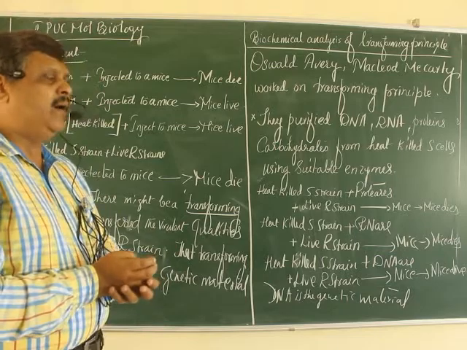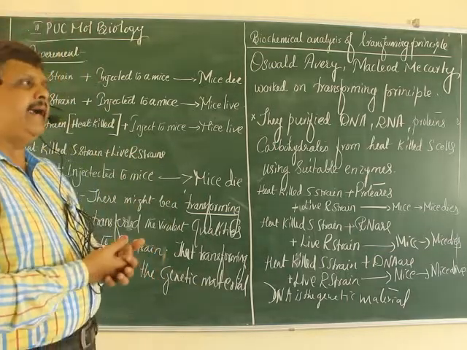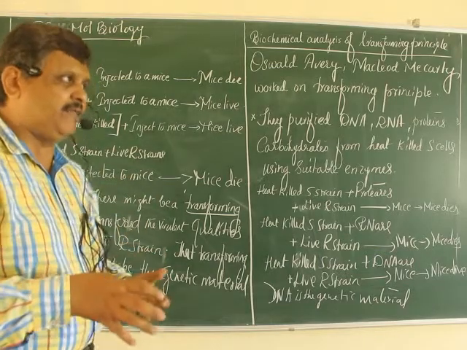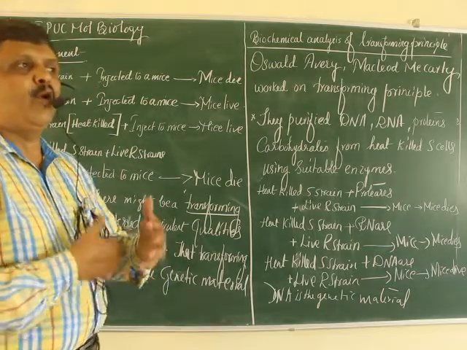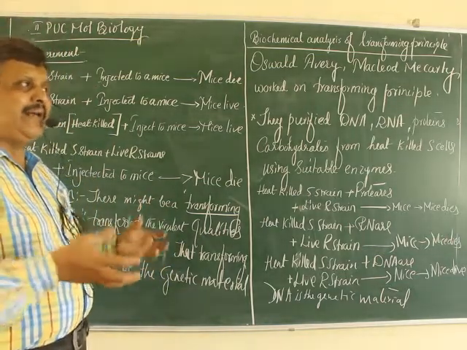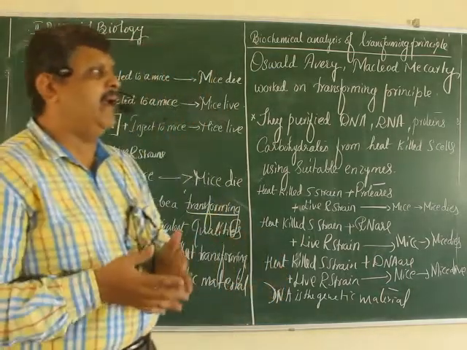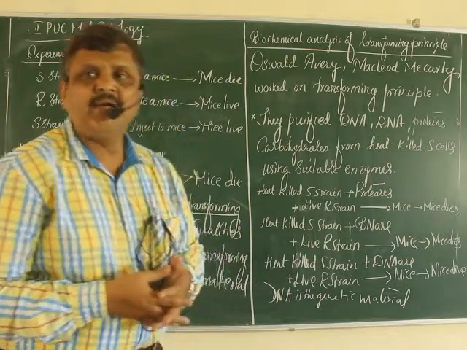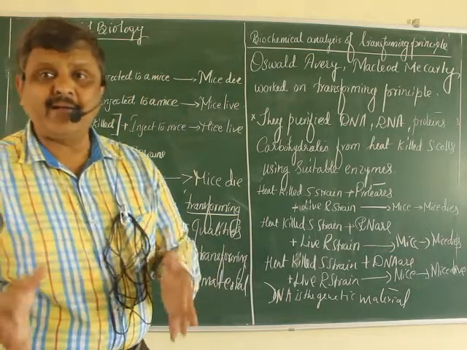Then they took some heat-killed S cells and used proteases, which digest proteins, then mixed that heat-killed S-strain with R-strain and injected it to the mice. The mice dies. That means proteins are not the transforming principle.